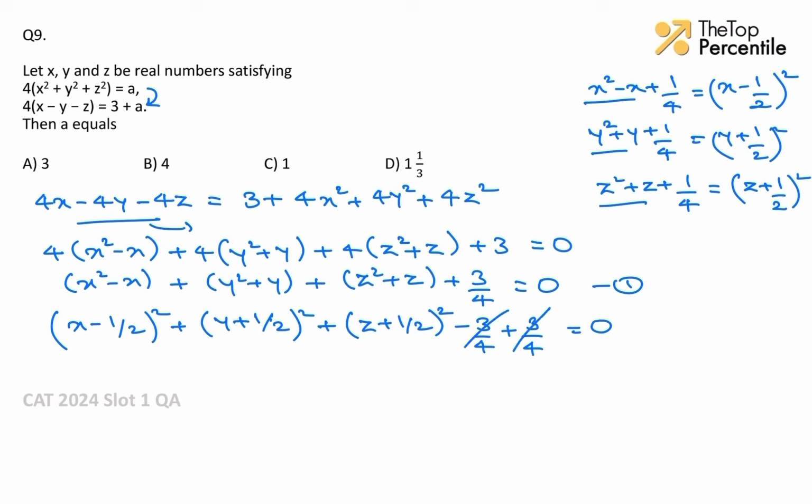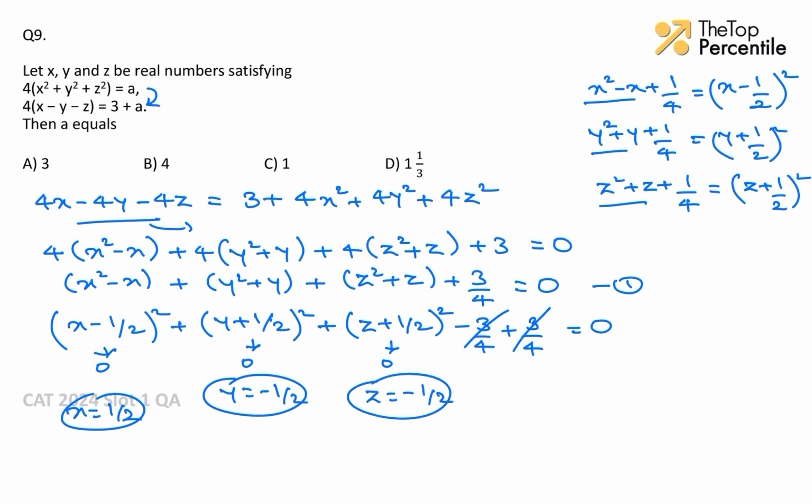So the sum of the squares of three terms is 0, which means each of these three terms will be 0. So I'll get x as 1 by 2, y as minus 1 by 2, and z as minus 1 by 2.